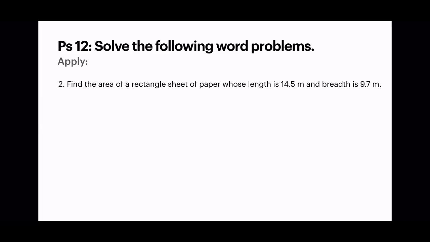Problem set 12. Solve the following word problem. Apply part. Let us see the second sum. Find the area of the rectangular sheet of paper whose length is 14.5 meters and breadth is 9.7 meters. Area of a rectangle is L into B, which is equal to 14.5 meters into 9.7 meters, which is equal to 140.65 meters squared.